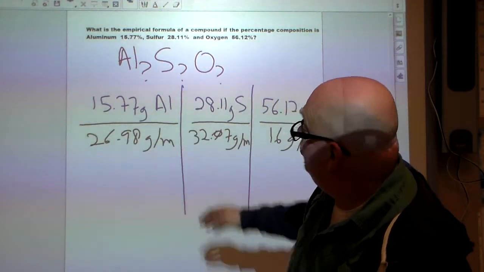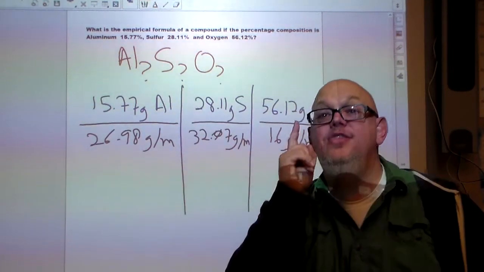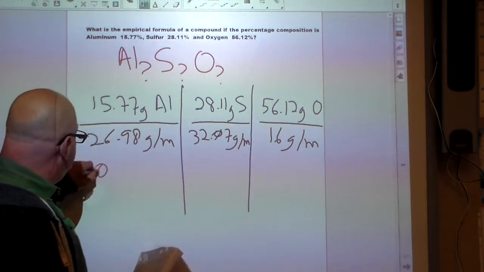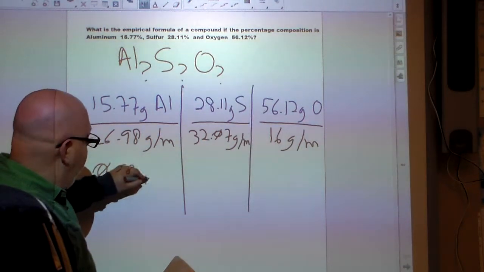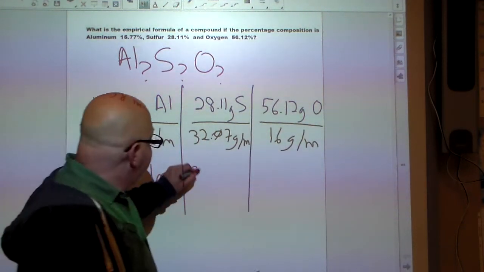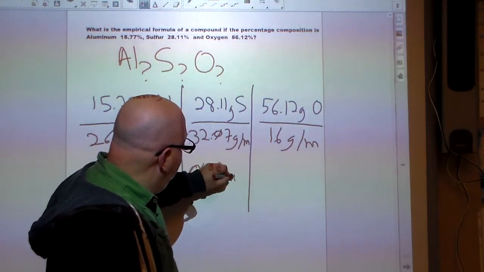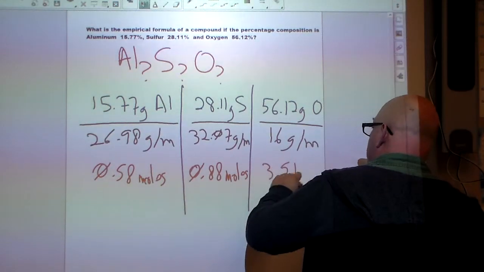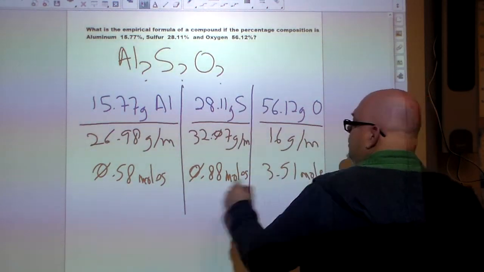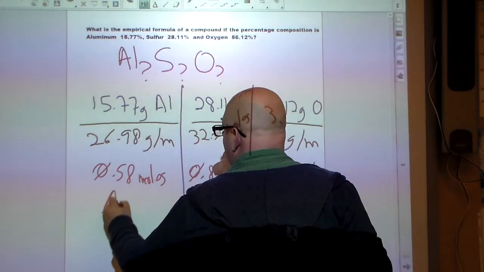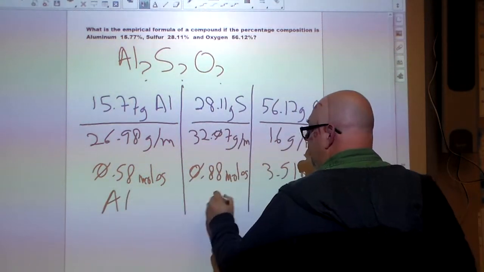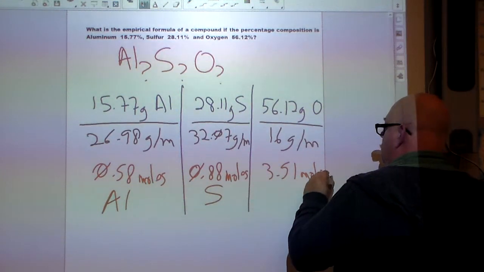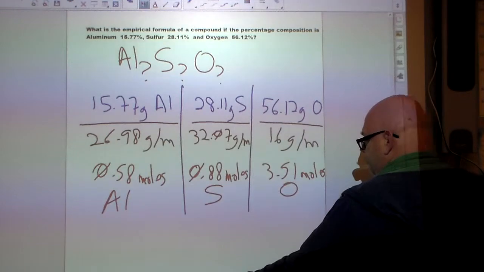Now, the next thing is we're going to divide this so we can find the number that we have here. So in this case, we have 0.58 moles of aluminum, 0.88 moles of sulfur, and 3.51 moles of oxygen.